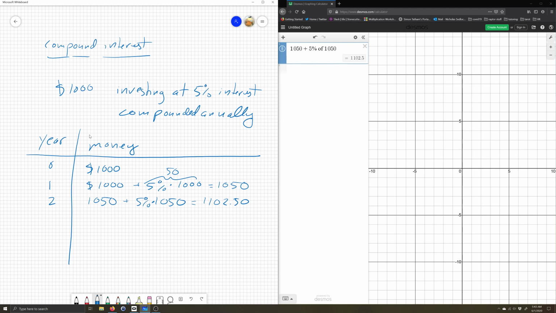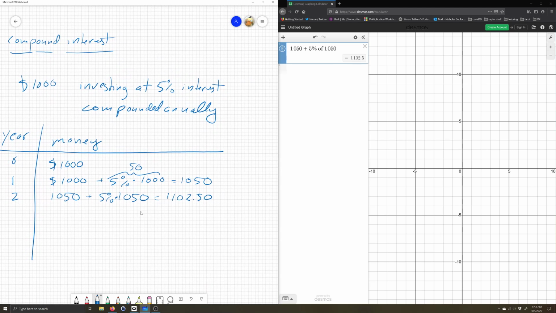So here's the thing that's happening. Just to do some arithmetic out. If you have $1,000 plus 5% of $1,000, that's the same as $1,000 plus 0.05 times 1,000.